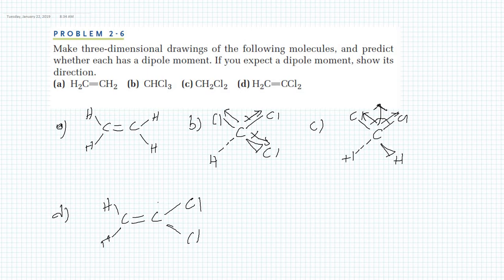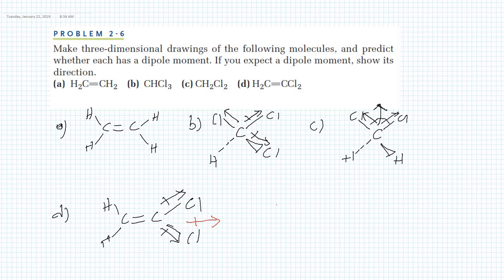Carbon-chlorine bonds are polar, and this molecule is a planar molecule in 3D. So there are polar bonds here. These are the vectors, and the net dipole moment, let's show with the red marker, it's going to be in this direction.